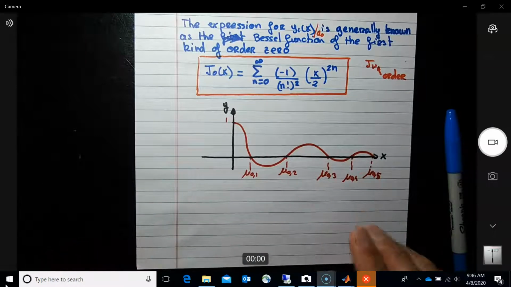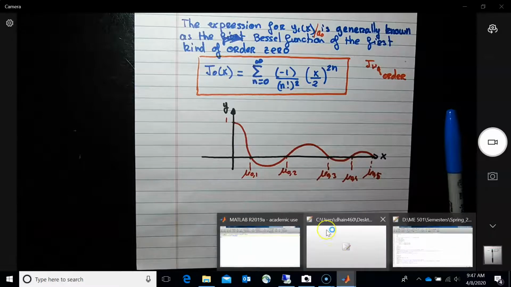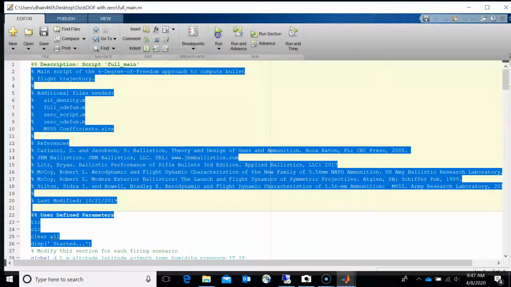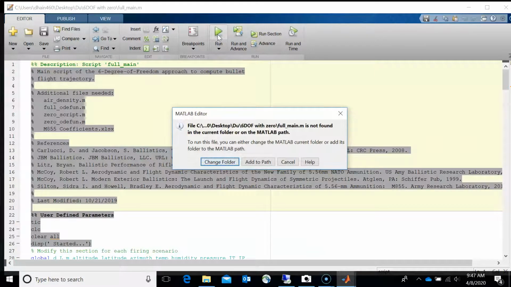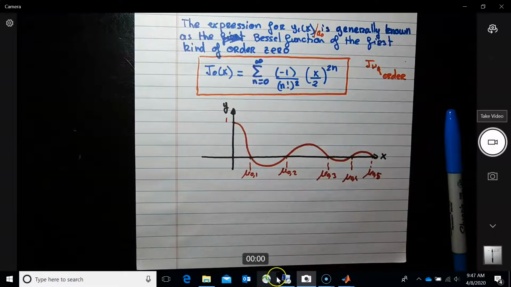You want me to show you more of these polynomials? Let me close all this stuff first. We can come here. I think that's the code. Let me run it very quick. Oops, that's not what I wanted to do. Sorry for that. That's not the one I was looking for.